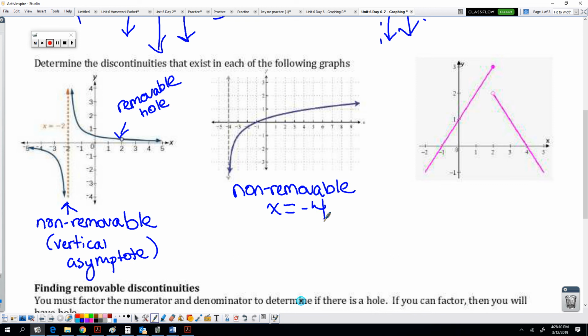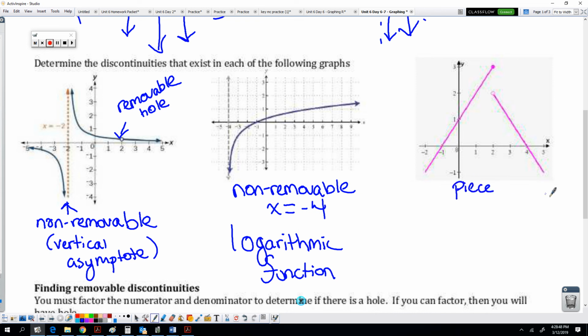Now, this function right here actually has a special name. Later on, we're going to learn that that is a logarithmic function. You can say logarithmic function. Basically, it's just the inverse of an exponential function. It's okay. You'll see it later on, just so you see it now. Now, if you take a look at this right here, okay, if you notice, we have two pieces, all right? That is actually called a piecewise function because we are broken up into two different pieces.